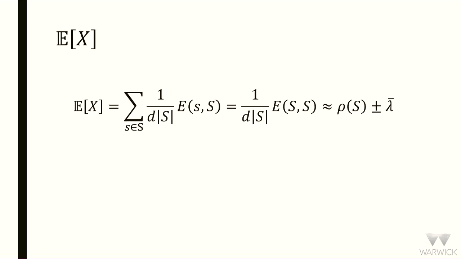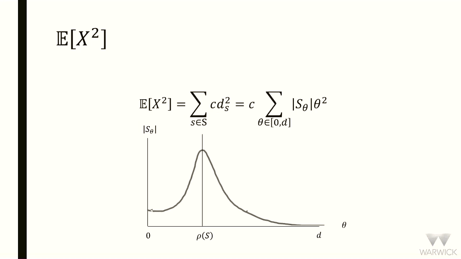So what can you say about expectation? Its expectation is simply the expander mixing lemma, or the Alon-Chung theorem. And what can you say about higher moments? If you think about a random graph or a random set S, this is the expected distribution of the internal degree of a vertex, right? We expect it to be somewhat binomial or something.